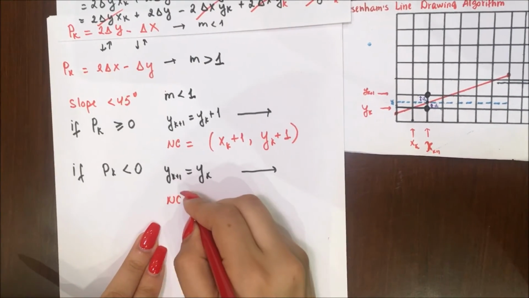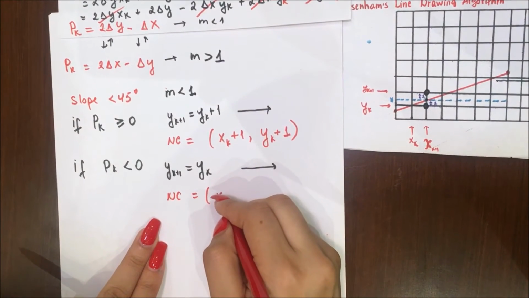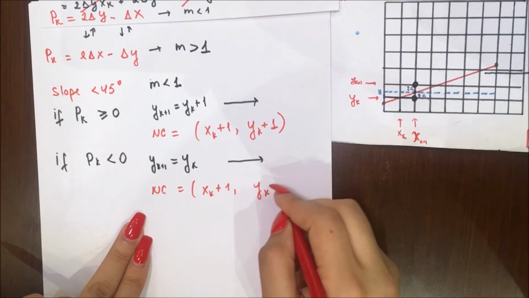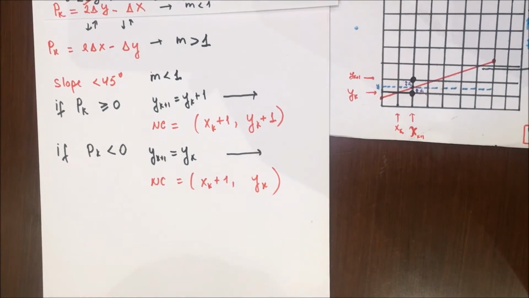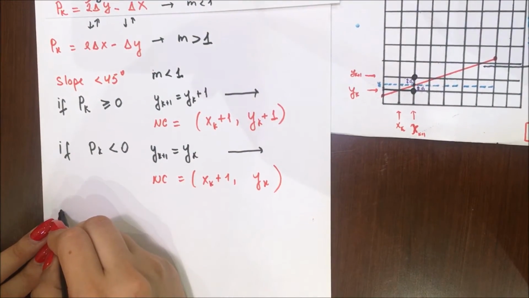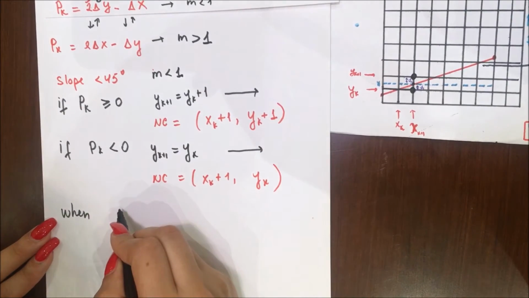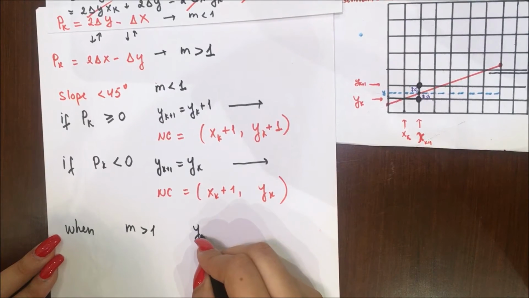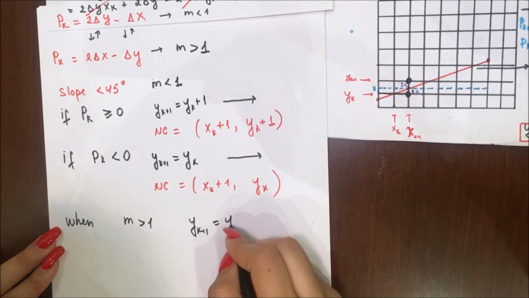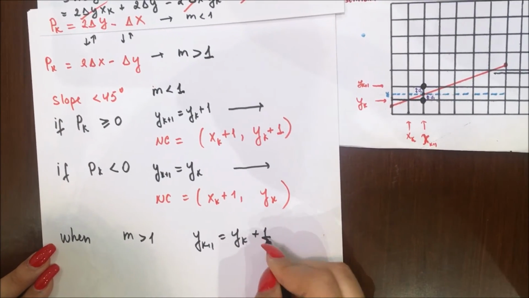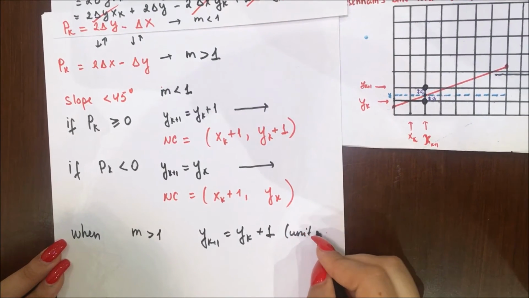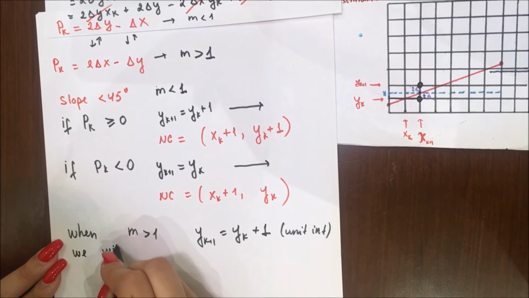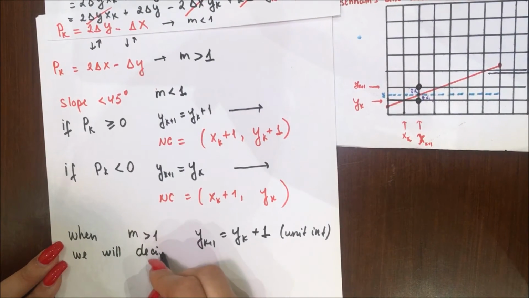And next coordinate will be xk plus 1, yk. When slope is more than 1, then y coordinate will change with unit interval. So next coordinate of y will be yk plus 1 at every iteration. So computer should decide for x coordinate in this case.